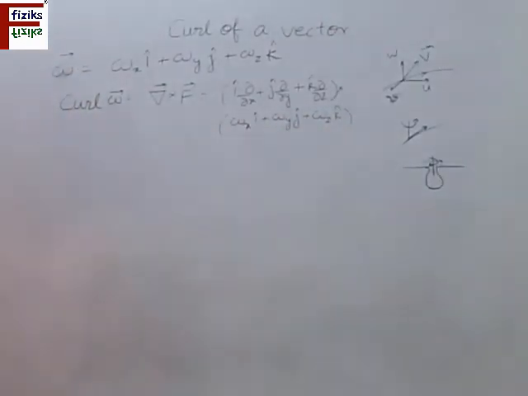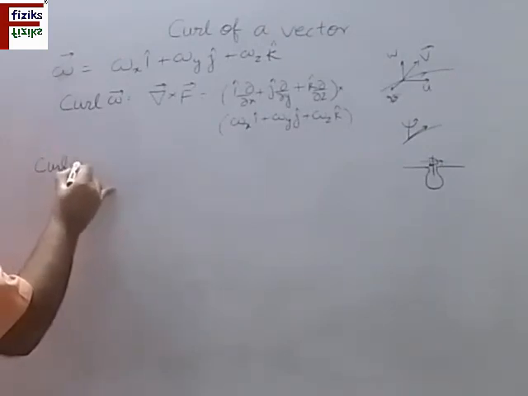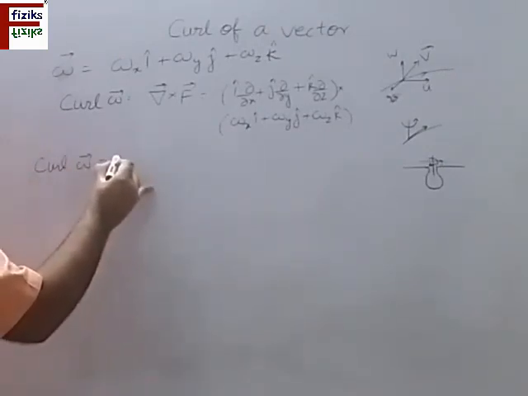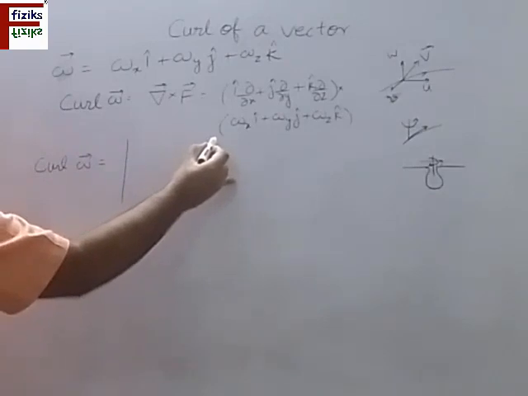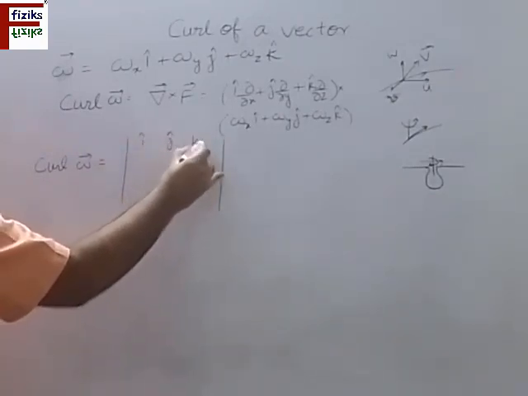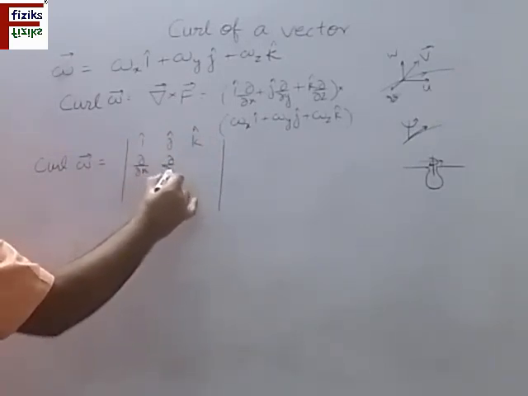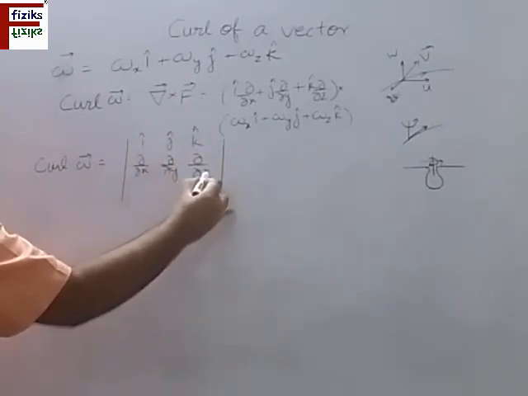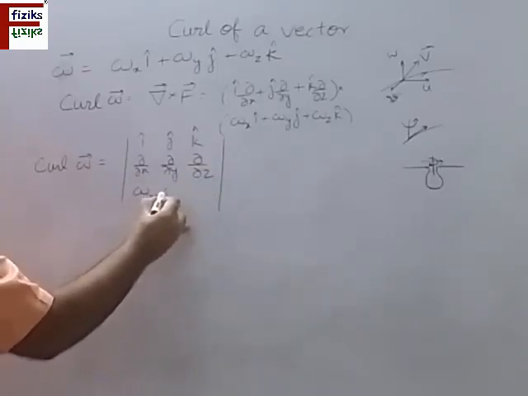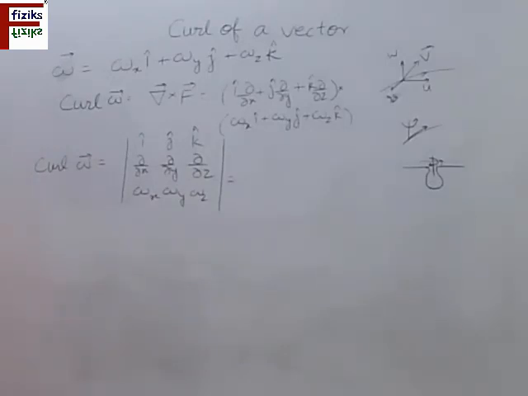This is how we define the curl, and if you calculate its value, then curl omega is equal to, let us calculate its value, i, j, k, del by del x, del by del y, del by del z, omega x, omega y, and omega z.